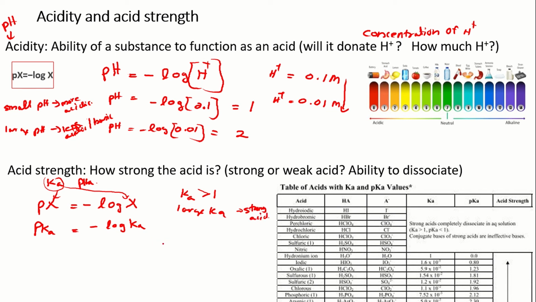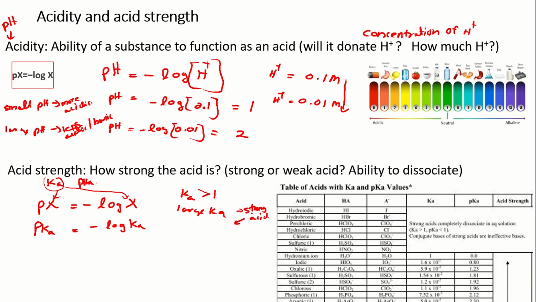For example, if you substitute numbers, you will see the same trend. If you have a larger Ka, it will give you a smaller pKa. So strong acids have larger Ka.